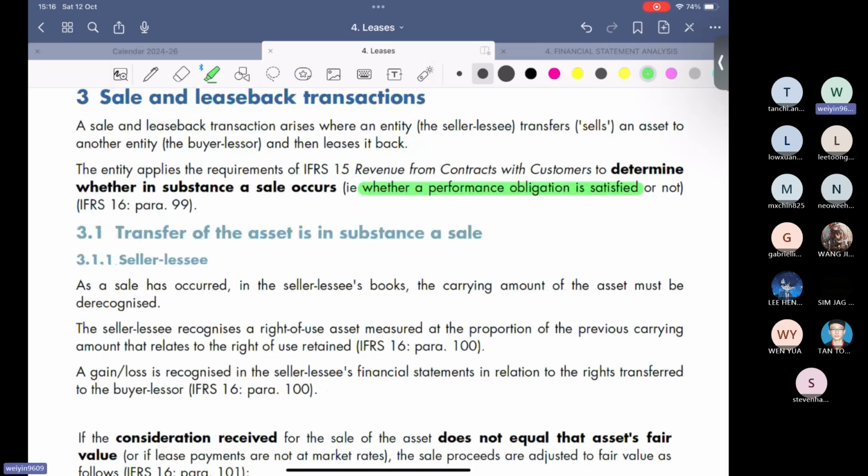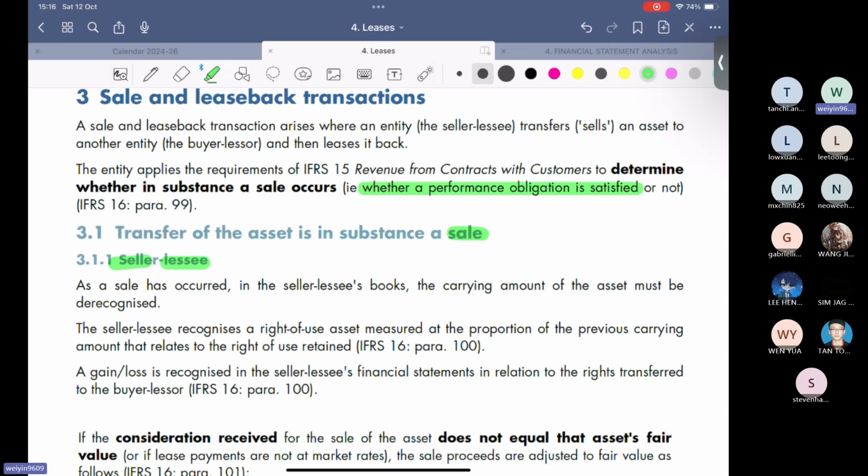So in the situation where number one, this is a sale, that means I confirm, I sell it to you, my performance obligation is satisfied. Then after that, I lease it back from you. So when this happens, the seller now becomes the lessee. The one who sells the asset now becomes the lessee, right?